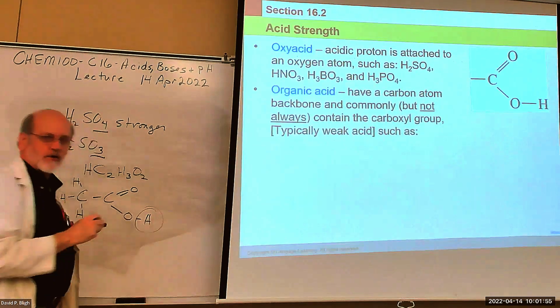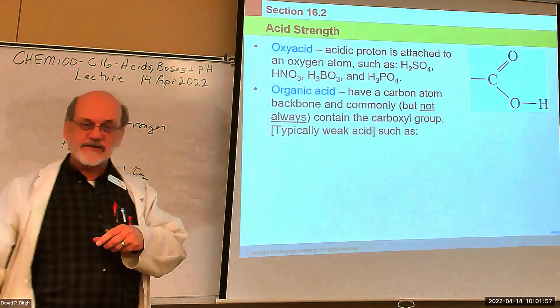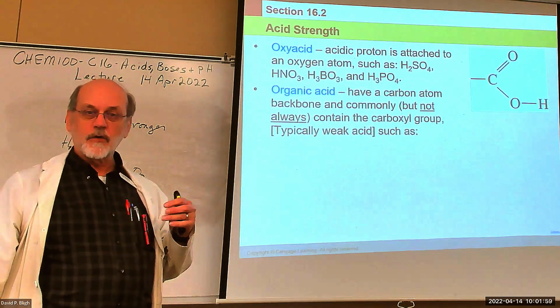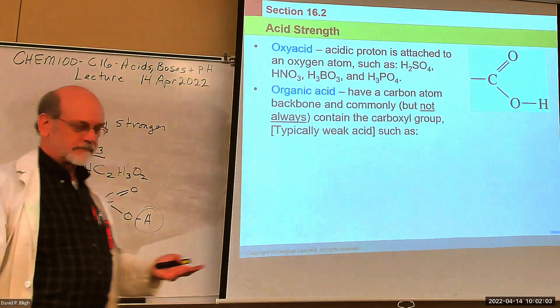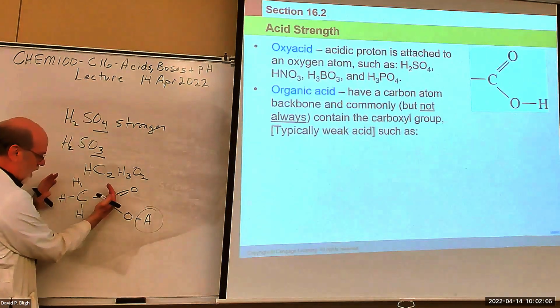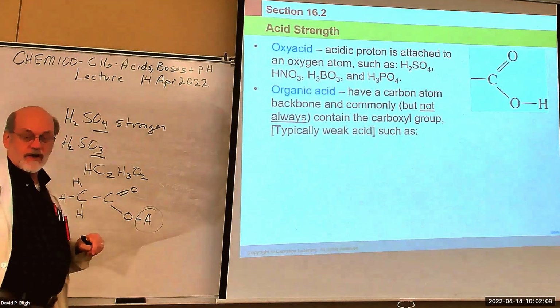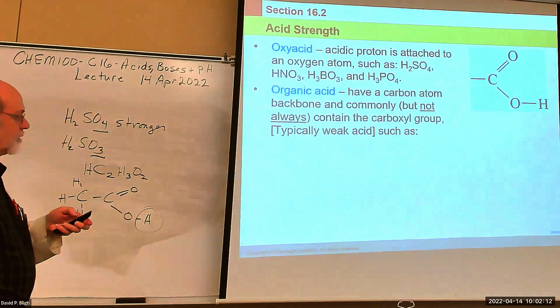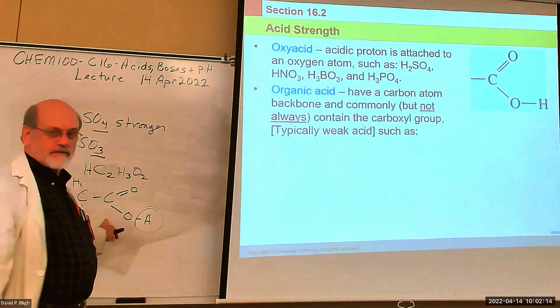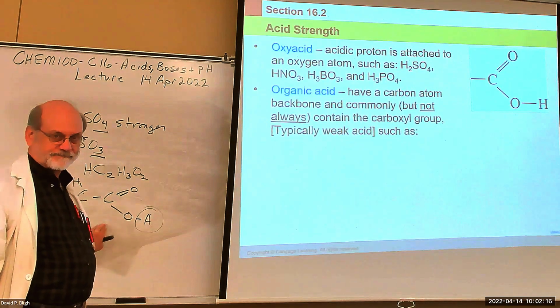This is the hydrogen that dissociates. And that's common for a great many organic acids. This is the organic part of the molecule. This is the acid part of the molecule. And they're all weak acids.